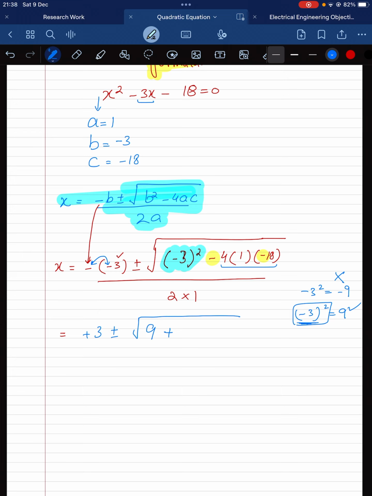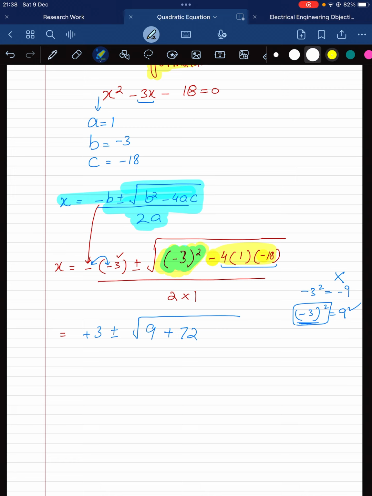Let me check. If you directly put it in the calculator, minus 4 times 1 times minus 18, you will get 72. 4 times 18 is 72. The key points in the last step were don't forget to put the bracket and don't forget to multiply these signs.